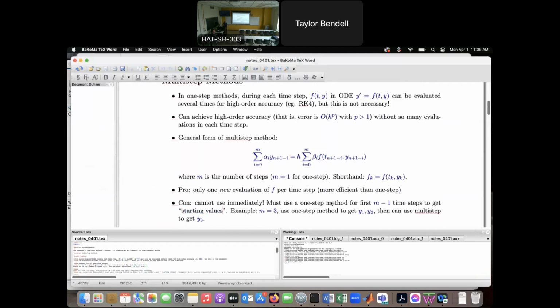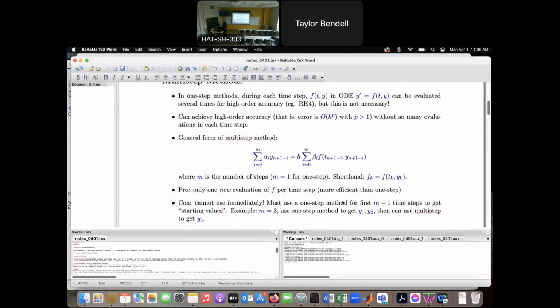First you go ahead and use a one-step method. For whatever value of m you have, you need to use a one-step method m-1 times. Then you build up enough information to carry out the multi-step method. For example, in the case of m equals 3, you have y0, your initial data.